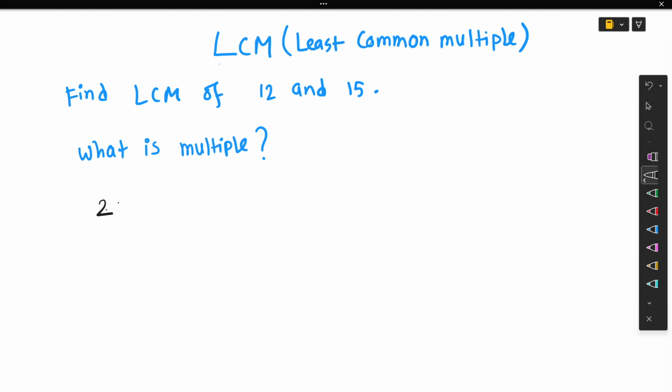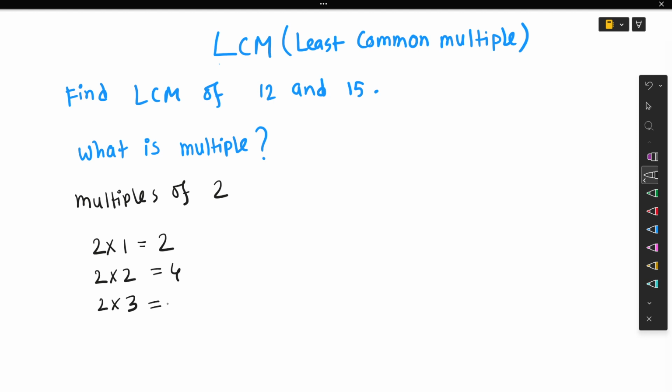Multiples of 2 are: 2 times 1 is 2, 2 times 2 is 4, 2 times 3 is 6, 2 times 4 is 8, and so on.